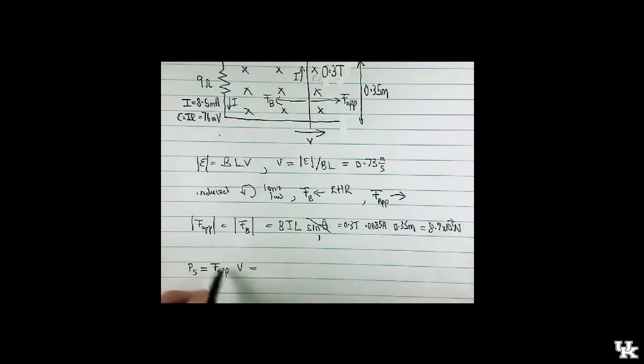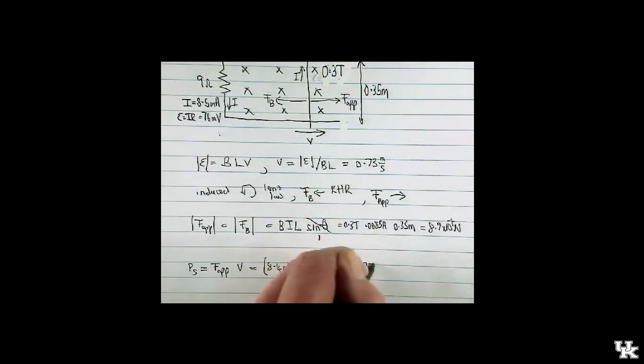And so all I got to do is fill in the size of the force, 8.4 times 10 to the minus, sorry about the handwriting, multiply it by the velocity, 0.73 meters per second. And I got 6.5 times 10 to the minus 4.